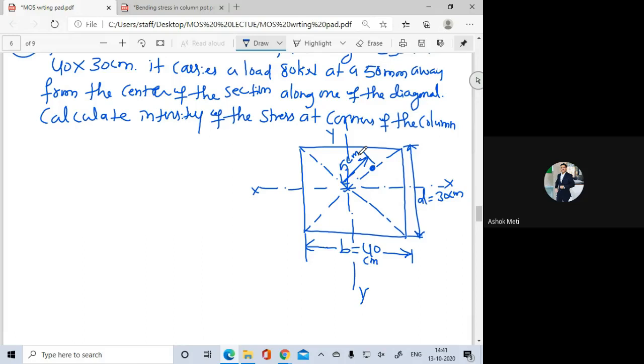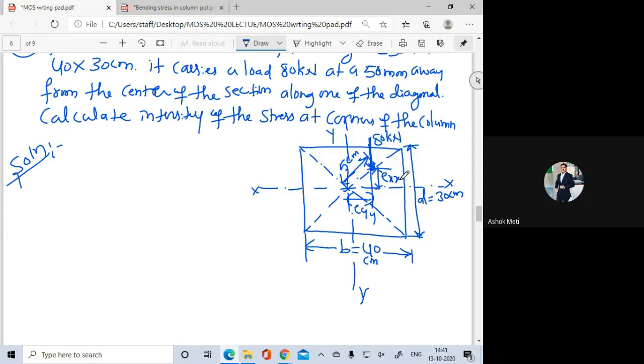So here the load is acting this way. The 80 kilonewton load is eccentric about both the x and y axes again. Okay, so what is the hint? Now I want to calculate EYY and EXX. How will you calculate them? Using the geometry.